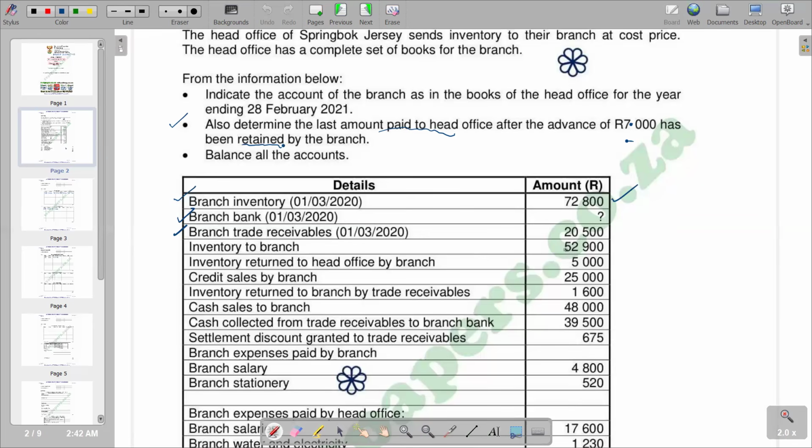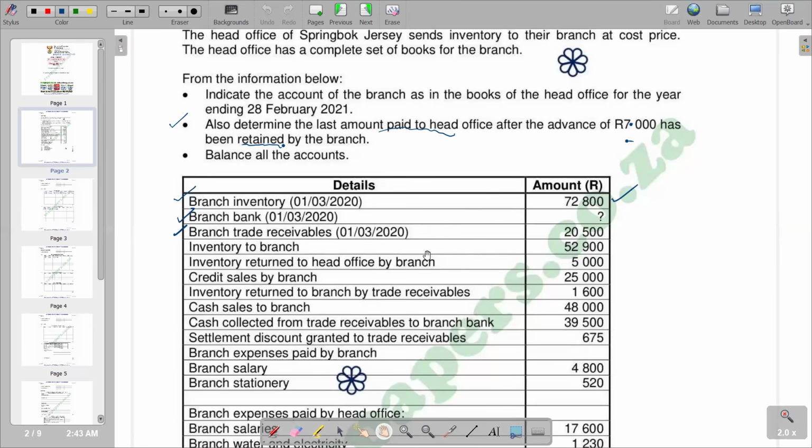What does it mean? It means this inventory is coming from the head office to the branch. So obviously, the double entry involved is that we debit the branch inventory with 52,900, of which we have got the branch inventory account. And then we credit the inventory to branch account. So take note of that double entry.